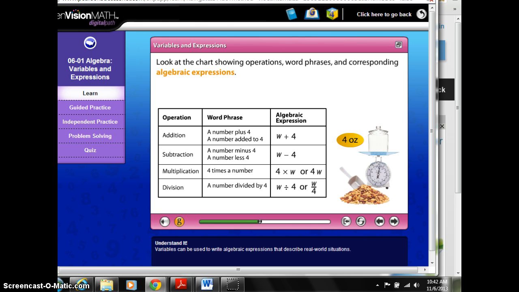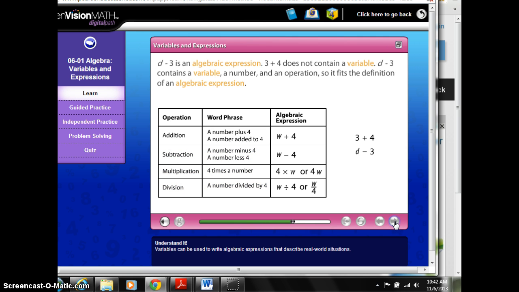So we can write that either way. Okay, D minus 3 is an algebraic expression. But 3 plus 4 doesn't have a variable in it, so we don't call that an algebraic expression.